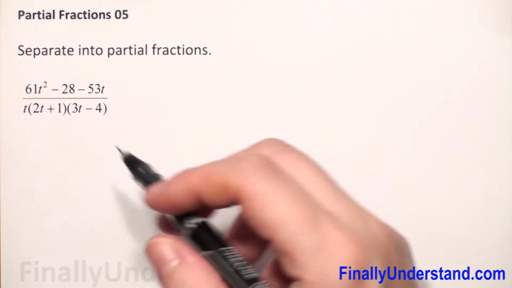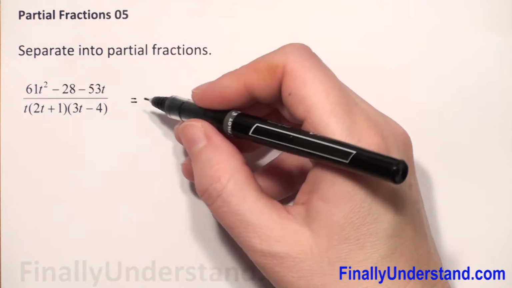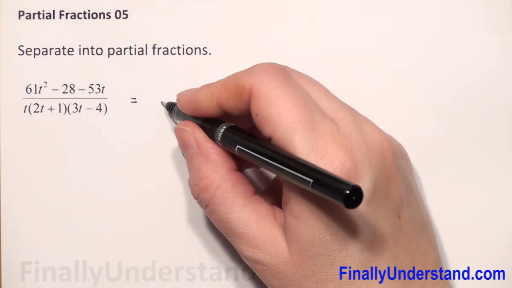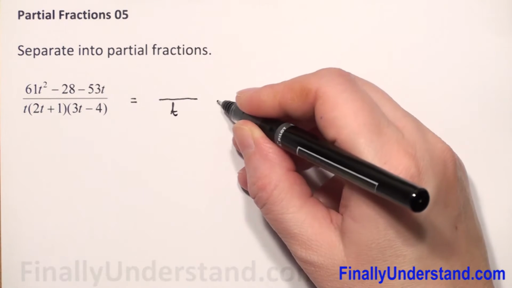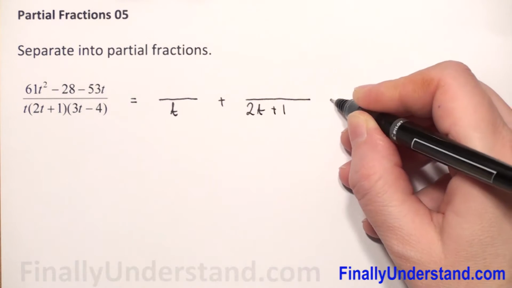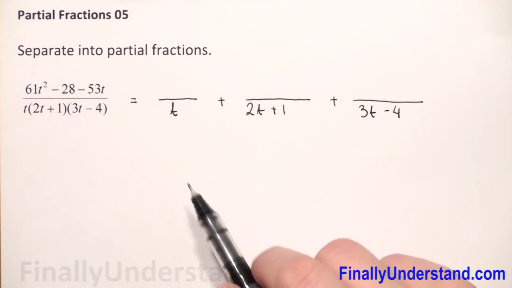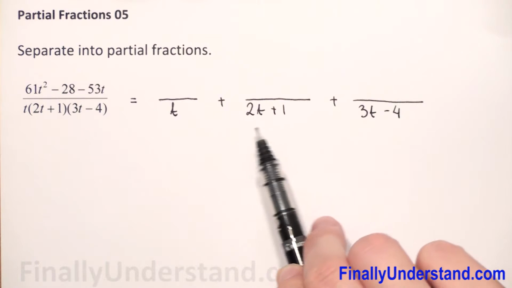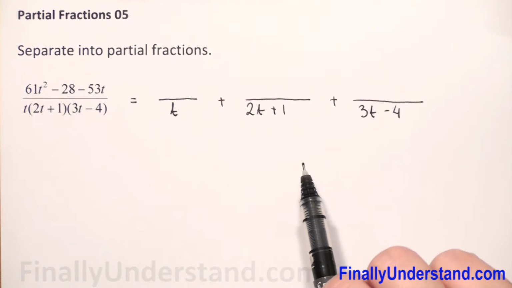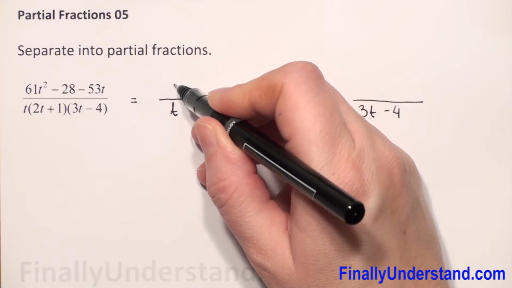So now every one of these factors will be a denominator of our partial fractions. So we will have t, the second denominator will be 2t plus 1, and the third will be 3t minus 4. Now, because in the denominators we have linear factors and they are different, in the numerators we will have only constants.